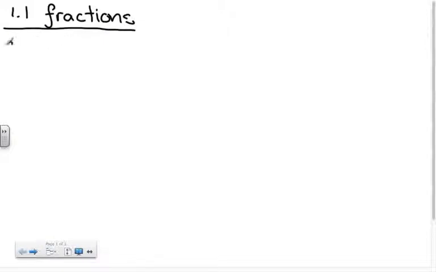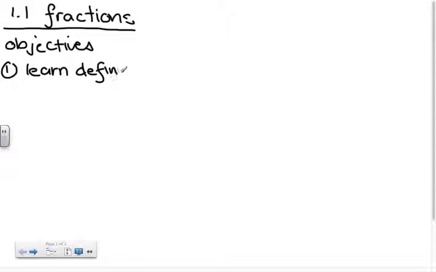So in our today's objectives are firstly to find out what the definition of a factor is. Our second is to write fractions in lowest terms.